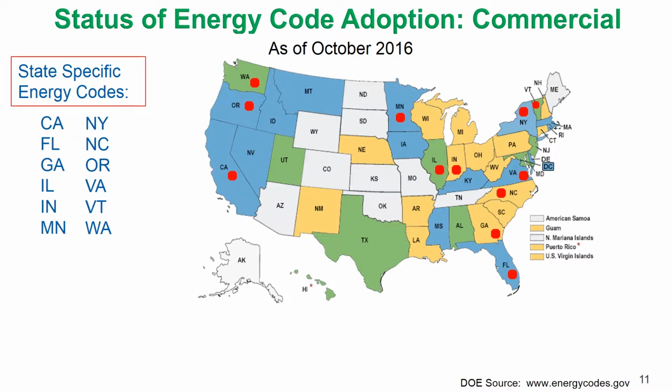We are aware of 12 states that provide their own state-specific energy code, and we provided them as shown in the red dots across this map.